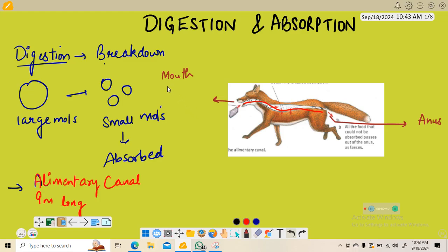So what happens from the mouth? Food is taken into the mouth. First, digestion will start from the mouth and the food will pass through this long alimentary canal.